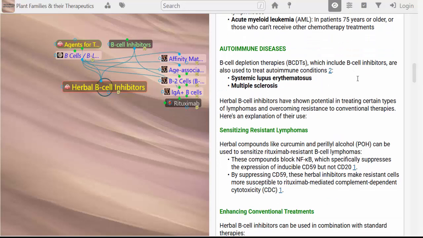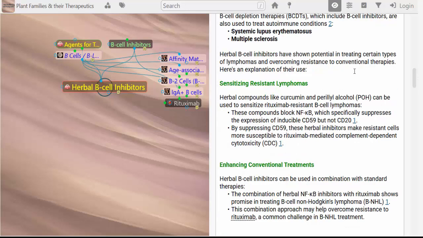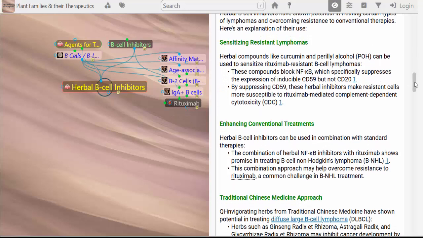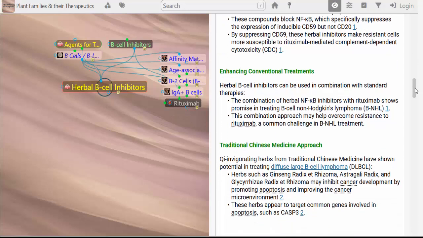B cell depletion therapies, which include B cell inhibitors, are used to treat autoimmune conditions like lupus and multiple sclerosis. So herbal B cell inhibitors have shown potential in treating certain types of lymphomas and overcoming resistance to conventional therapies. And then in this section you can see an explanation of their use. Come into the database to read all of this.